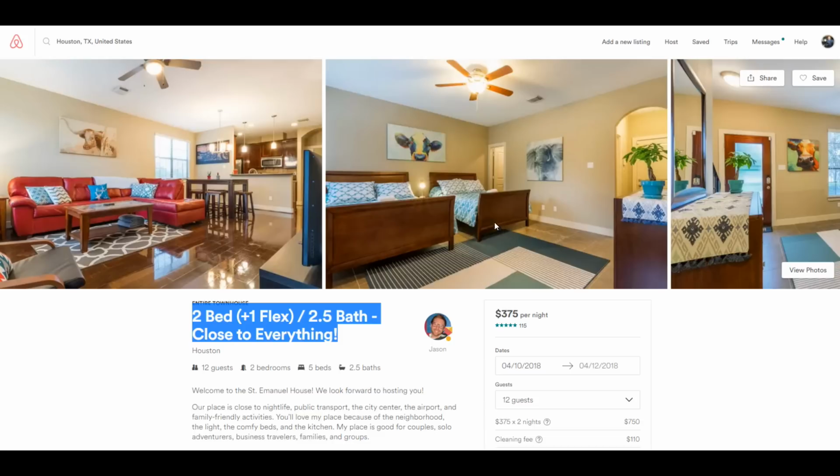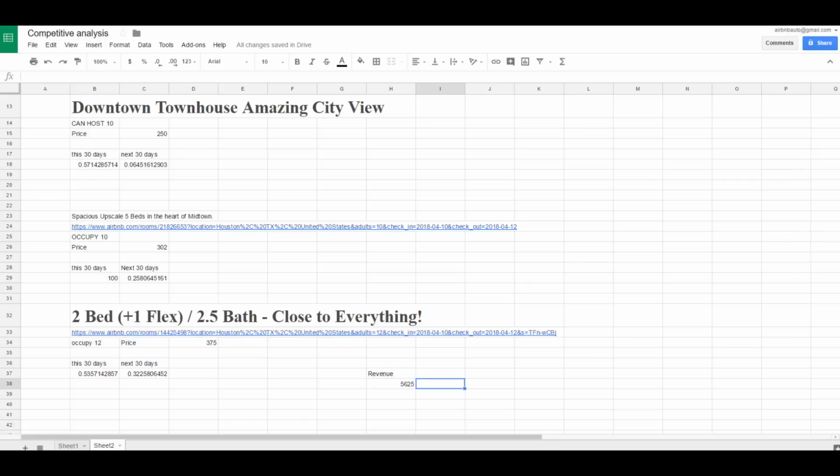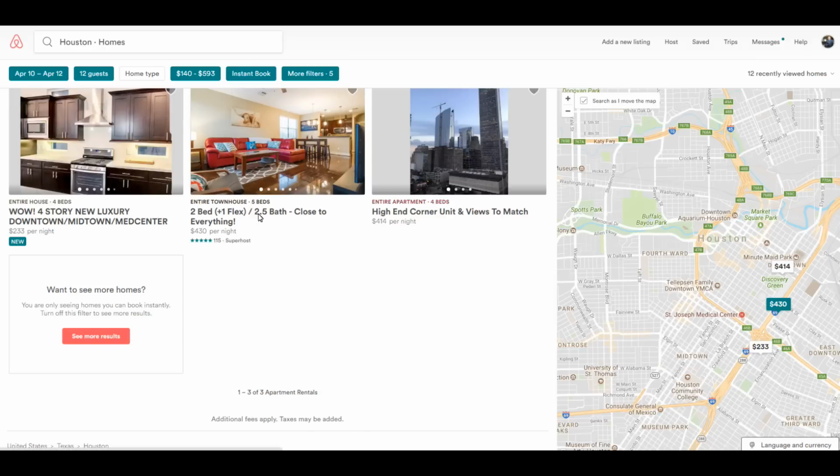So what we now know is that there's only one person operating a 12 occupancy home for over $400 a night, and look at all of those reviews. He's killing the game. So if you wanted to know what property to get in Houston, you'd actually go bigger. So let's actually clear this.